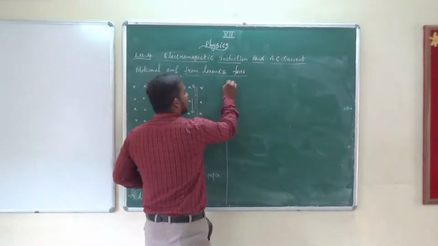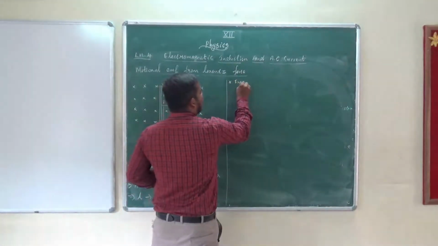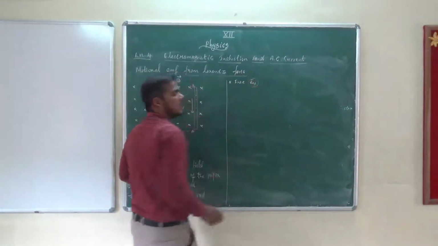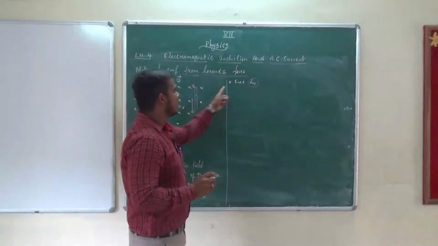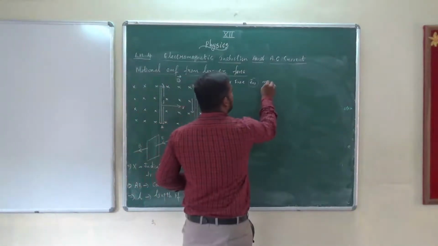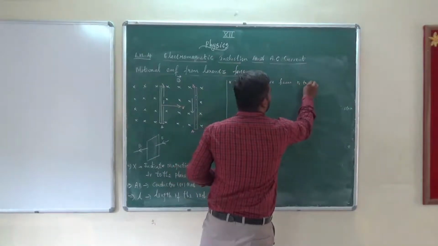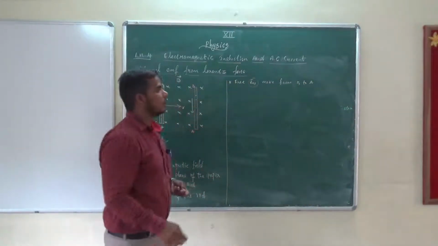So next point, free electrons. What is this indicating? This indicates electrons. The free electrons move from B to A in the rod.